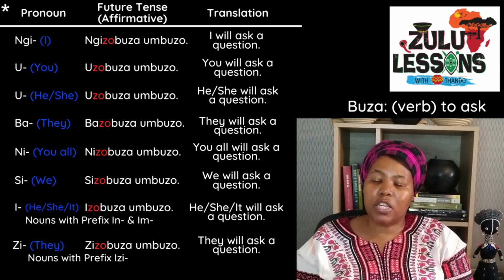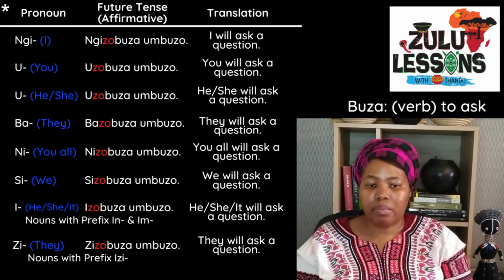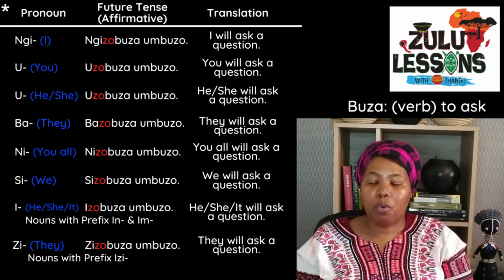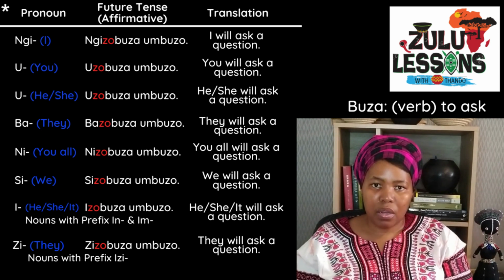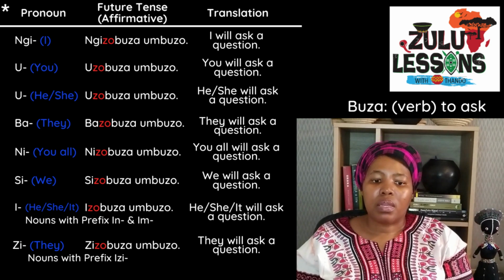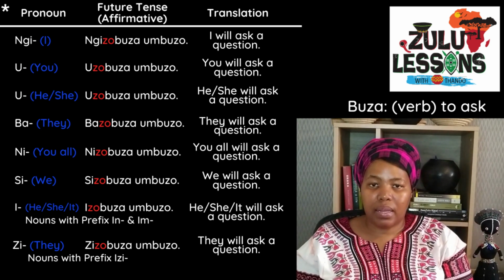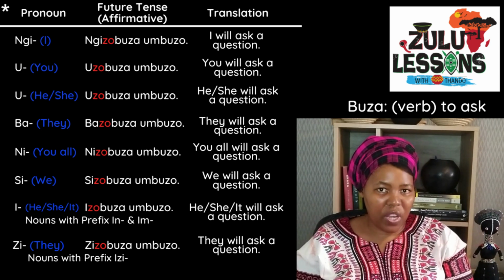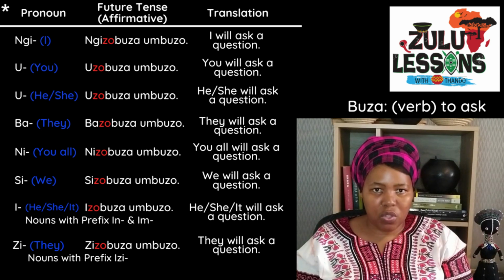The next one is they. Bazobuza umbuzo. They will or they are going to ask a question. Sizobuza umbuzo. We will ask a question or we are going to ask a question.